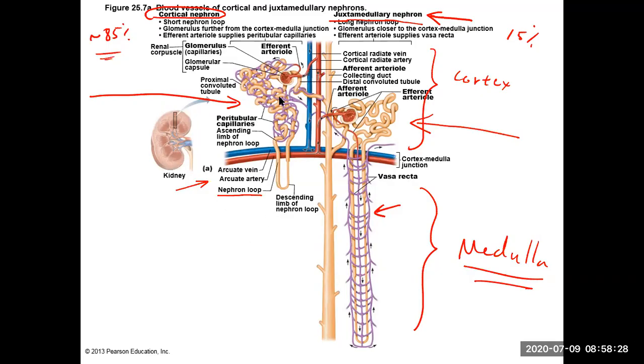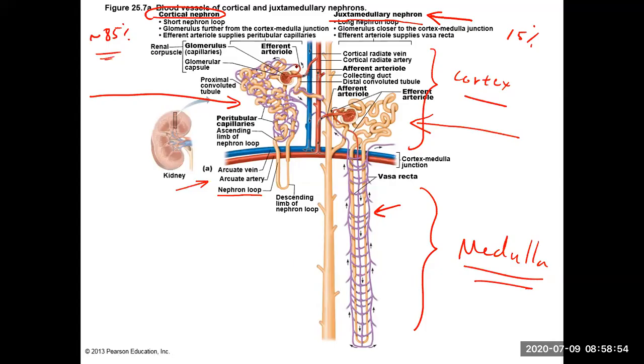The majority of the parts happen to be in the cortex area, as you can see. The juxtamedullary nephron deals with making concentrated urine. Right now we're going to put our concentration on the cortical nephron, which does a lot of different things, and that's what we're going to take a look at.